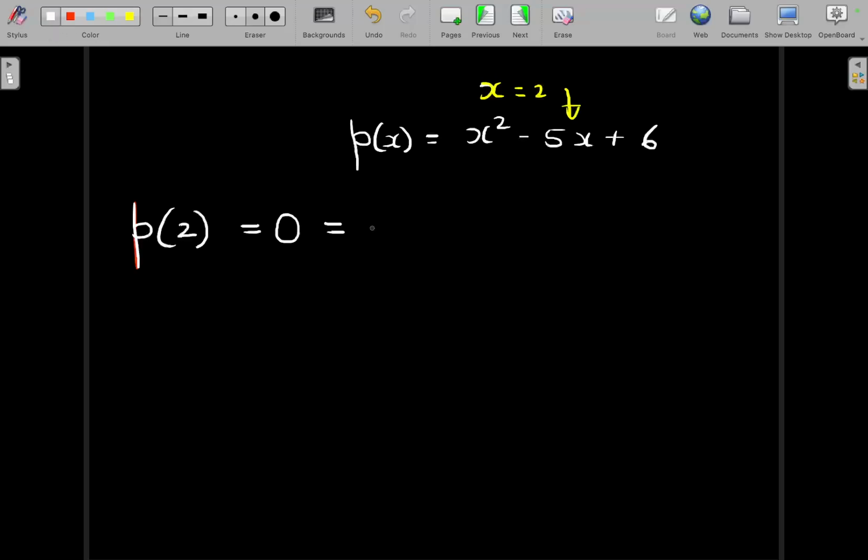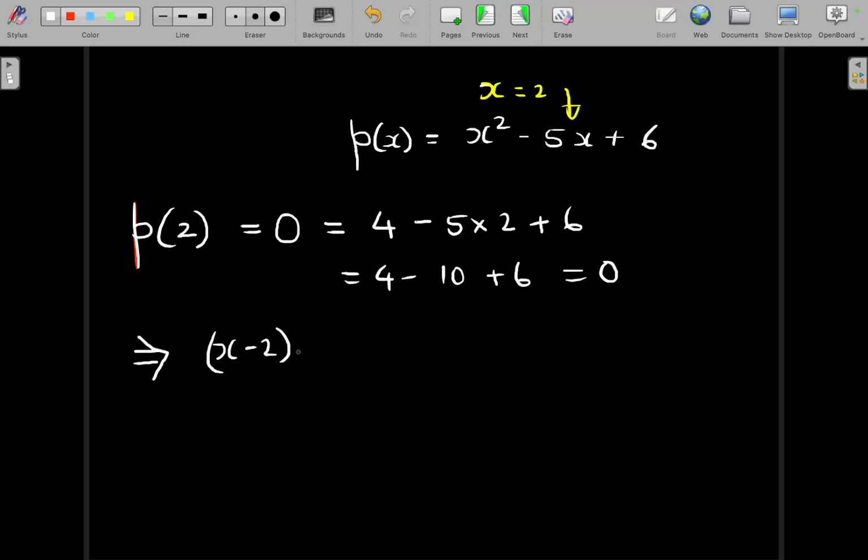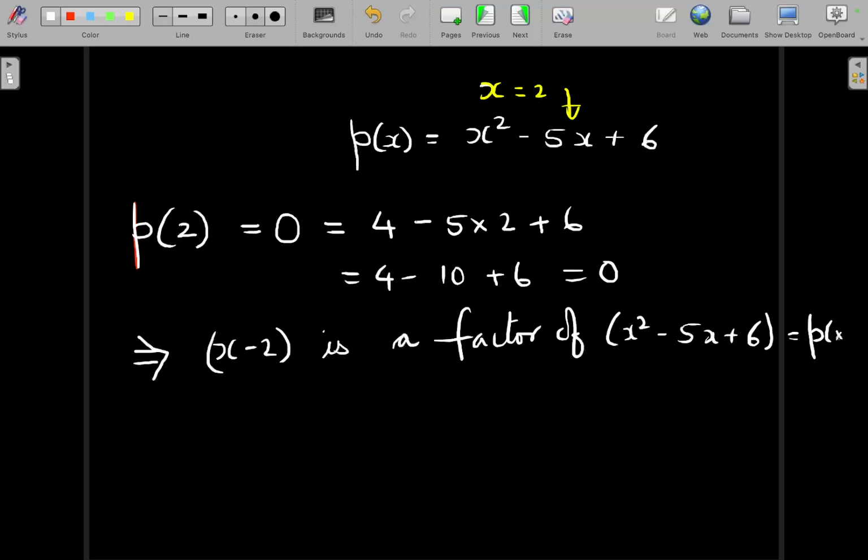So 4 minus 5 into 2 plus 6, that is equal to 4 minus 10 plus 6, that is 0. So if p of 2 is 0, it implies that x minus 2 is a factor of x square minus 5x plus 6, that is, of this polynomial.